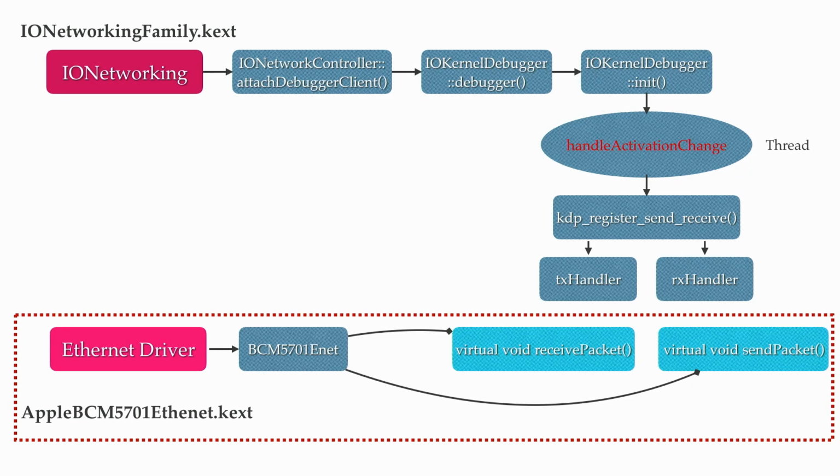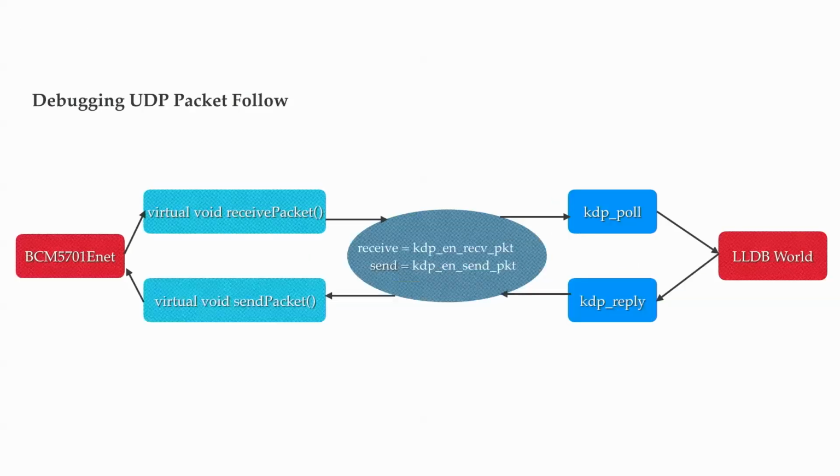After you enable the remote debugger, it will call the attached debugger client method to init the KDP protocol, and use the KDP register send and receive function, which is posted in BSD, to register the send and receive handlers. And eventually, the debugger loop can connect the debugger world with the remote client.